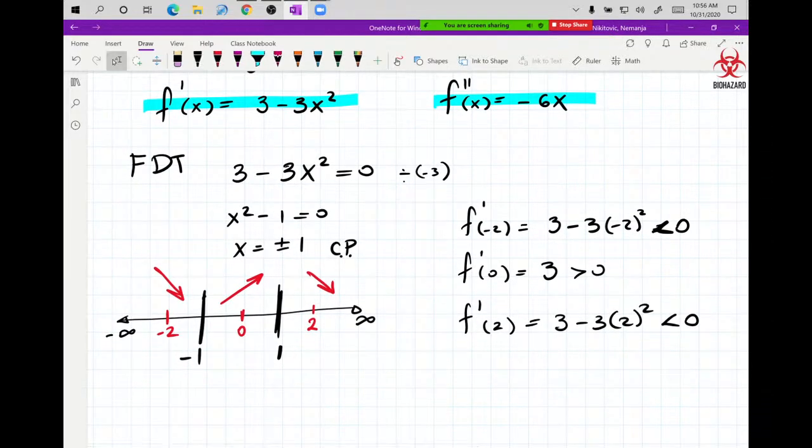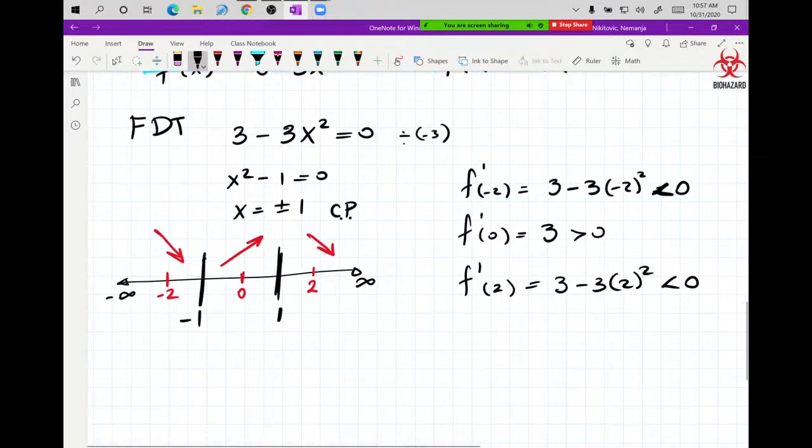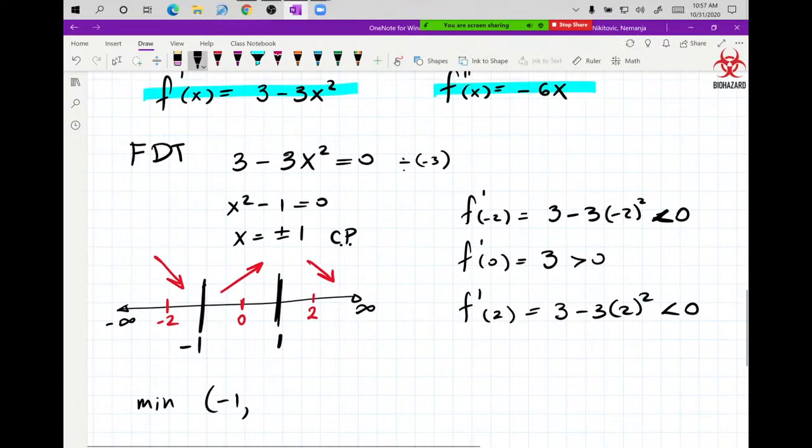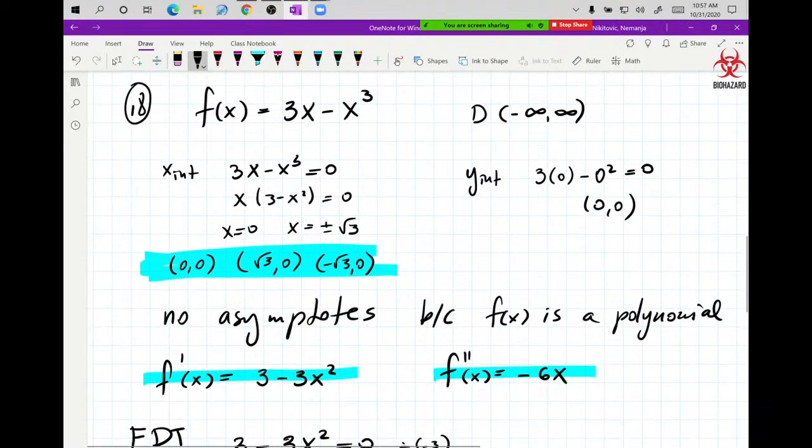We are done with our first derivative. And we also found that we have a minimum at -1 and maximum at 1. So we can go ahead and figure that out. So minimum at -1, comma. Now I need to go put -1 in the original problem.